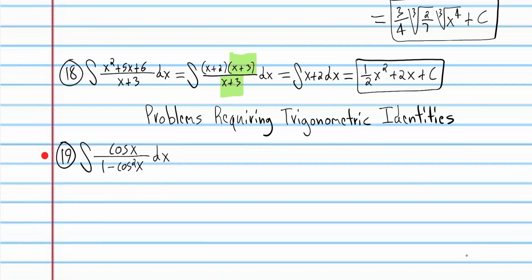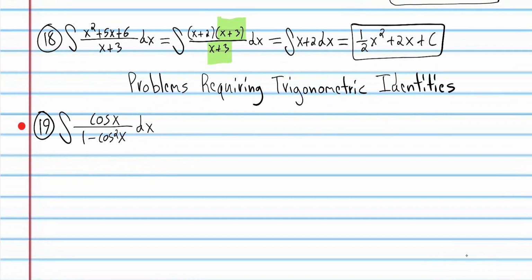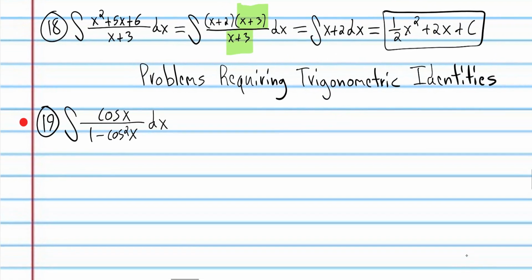So now we're going to do some indefinite integrals where we need trigonometric identities. So at this point in your math education, you're expected to know trigonometric identities. And my tendency is to want to put these in front of you so that you can see where they're coming from.